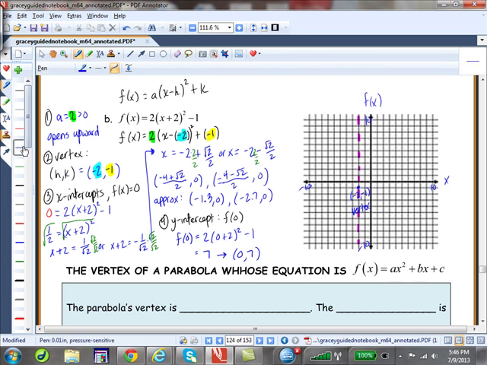So this guy is our axis of symmetry, and it was the line x equals negative 2.